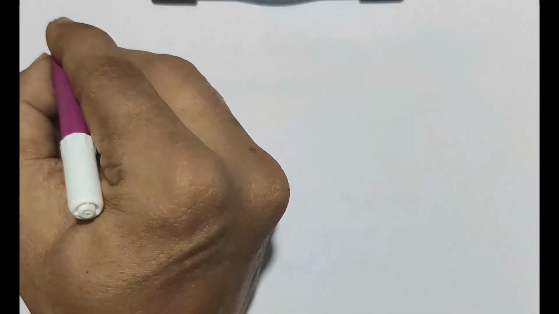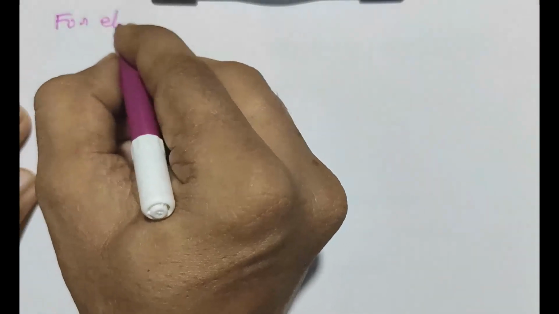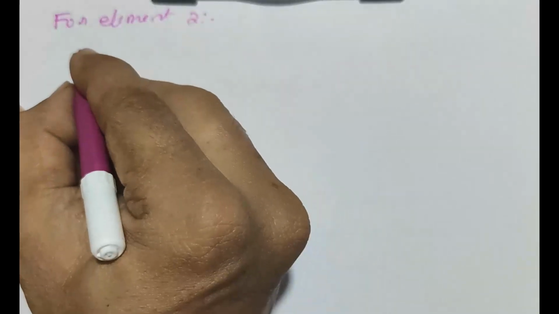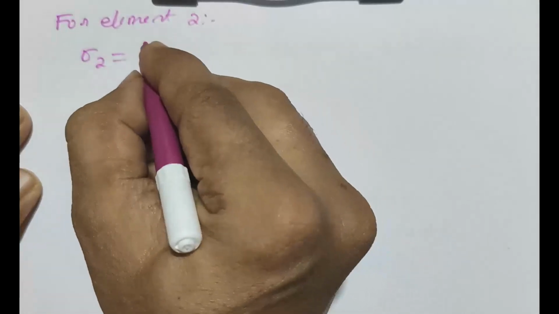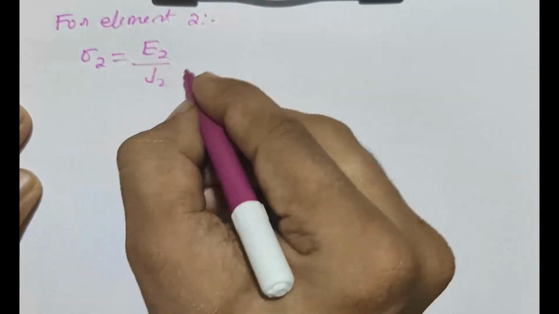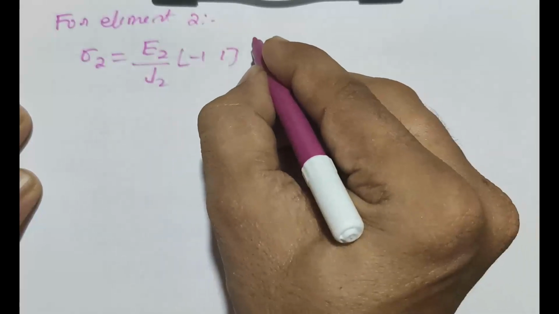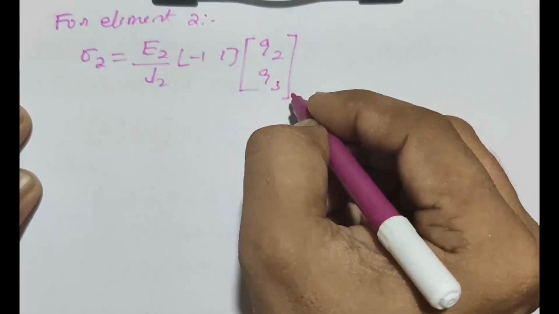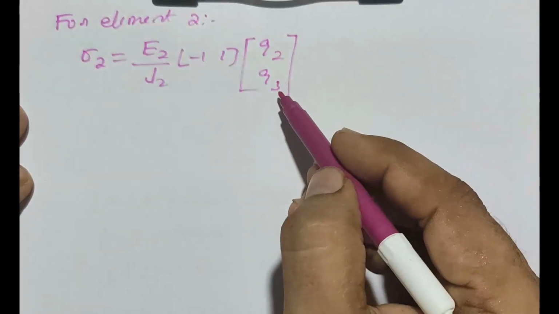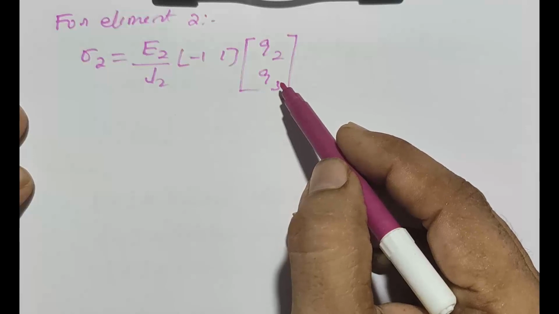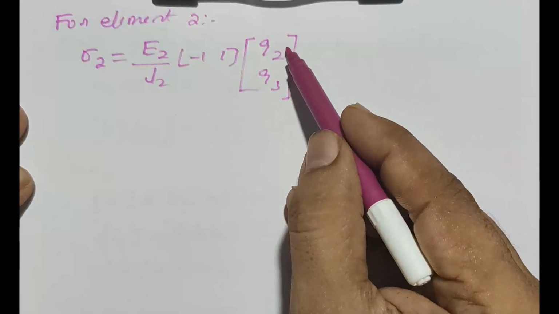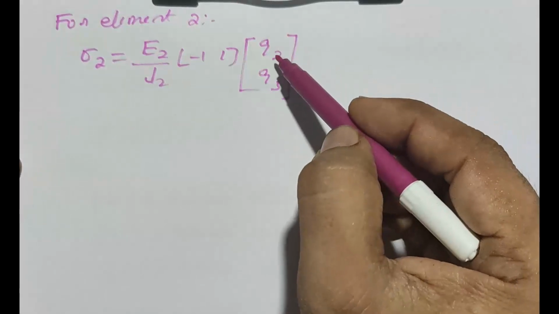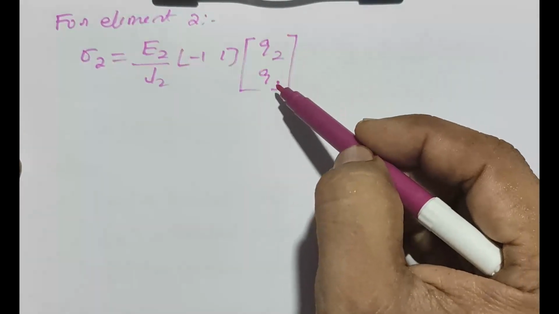Next, stress in element 2. For element 2, we have the formula sigma 2 is equal to E2 by L2 [minus 1 1] [Q2 Q3]. Why Q2 Q3? Because the element 2, the starting node is 2, end node is 3. Therefore, corresponding displacement Q2 and Q3.